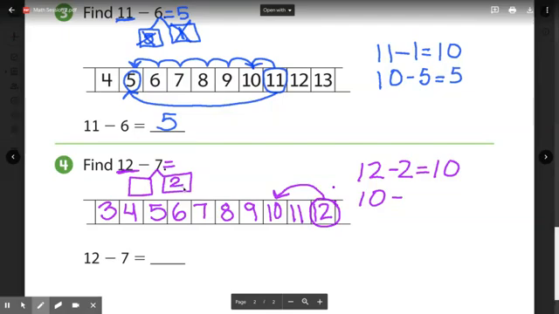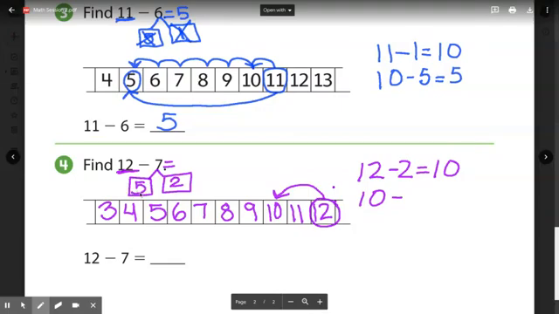Are we finished? I hope your answer is no, Mrs. Knudson, we're not finished. So we need to figure out what's in this box. 2 plus something is 7, or 7 minus 2 is something. I like to go 7 minus 2 is something. So 7 minus 2 is, good, it's 5.